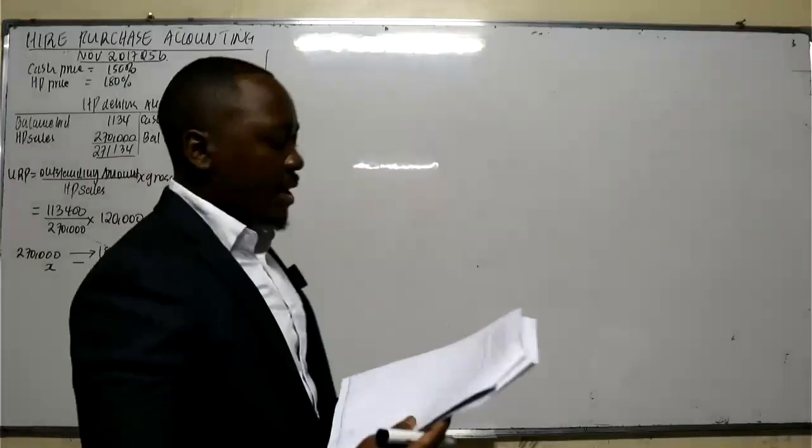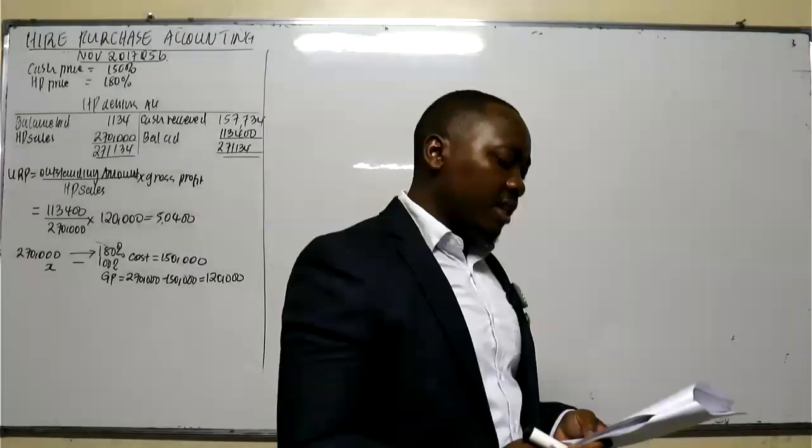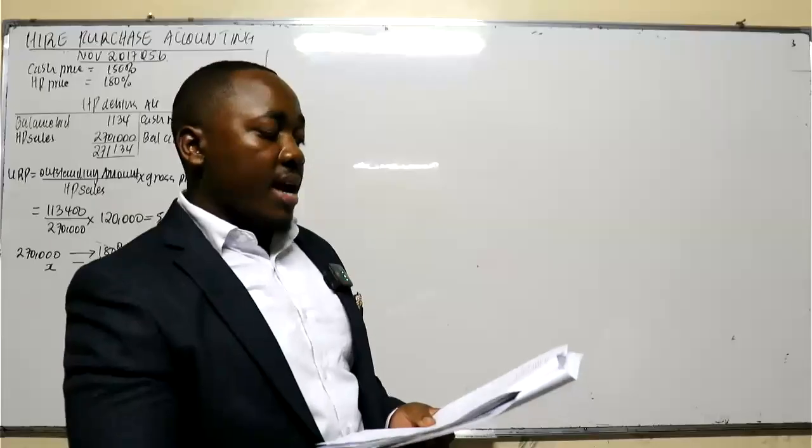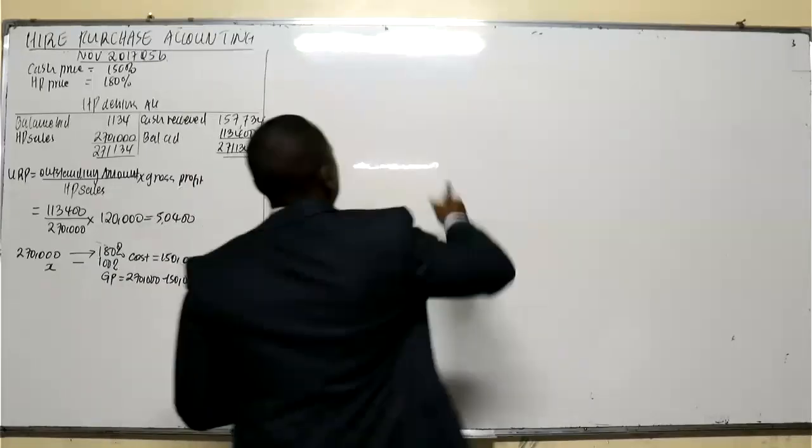Now we can answer the question. You have to prepare the income statement for the year ended 30th of September 2017, showing separate columns for cash, hire purchase, and combined sales.